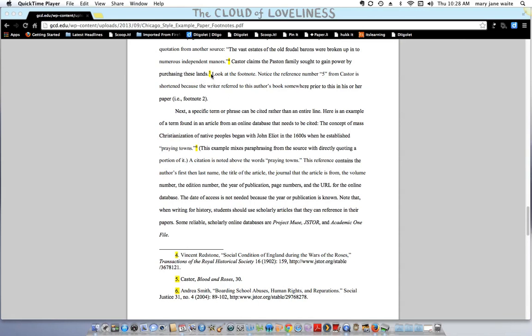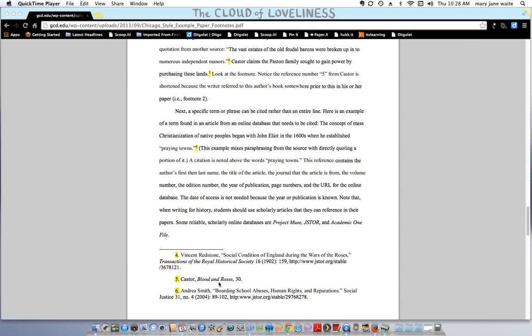Footnote number 5. There, Castor claims, oh, we're familiar with the source Castor. So they are quoting or paraphrasing something that Castor claimed in the book. So let's look down at number 5. If you look at the citation, it is very shortened. It's abbreviated. We don't have her first name.